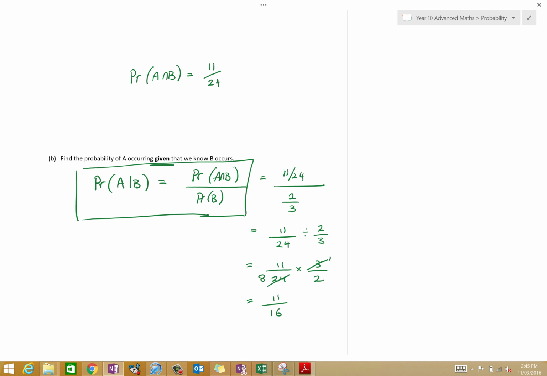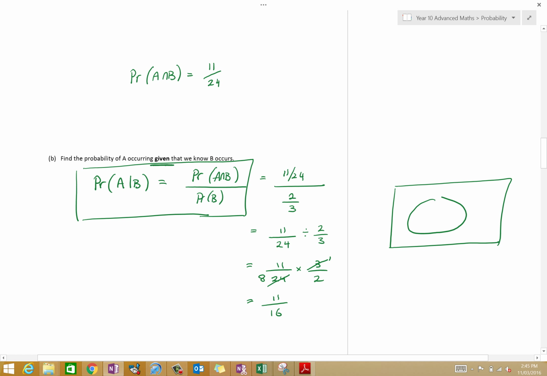How do we use it using the Venn diagram? Using the Venn diagram, it's basically like saying we'll have a value in here, and we're actually using just this sample space here because that's B. And for the probability of A given B, let's just say that there's 11 in here, and then there's 5 in here.